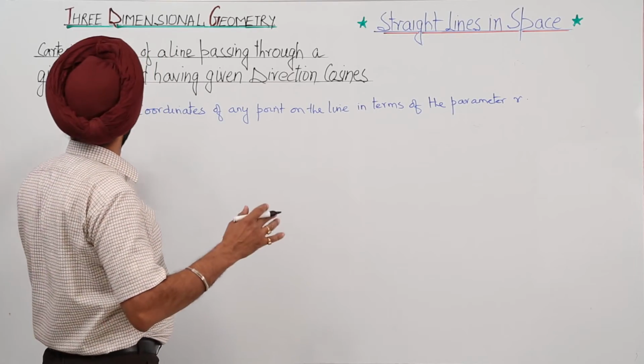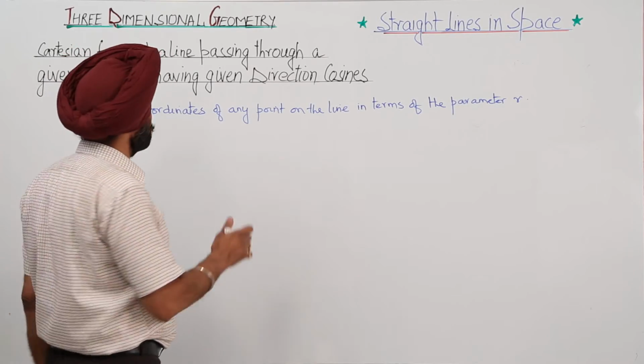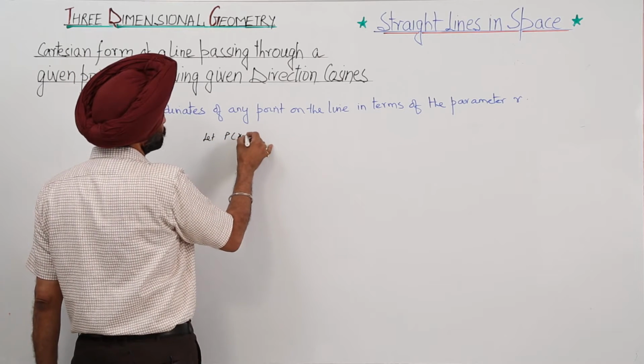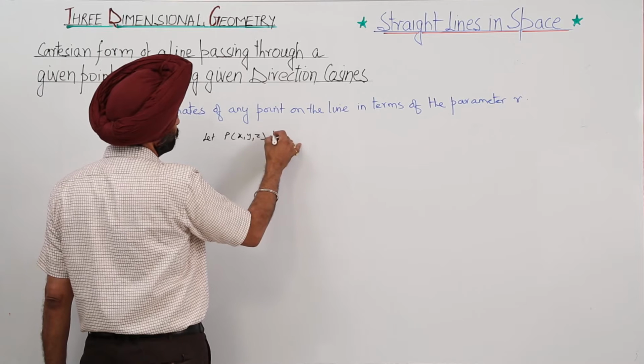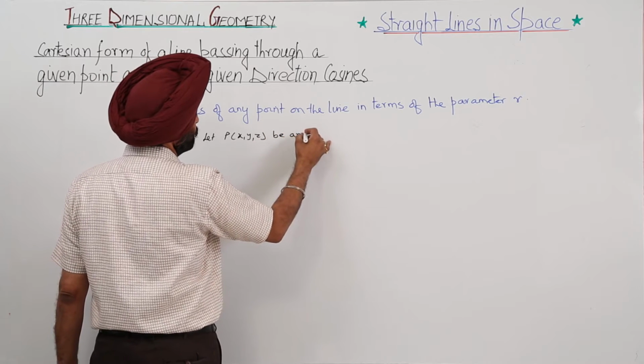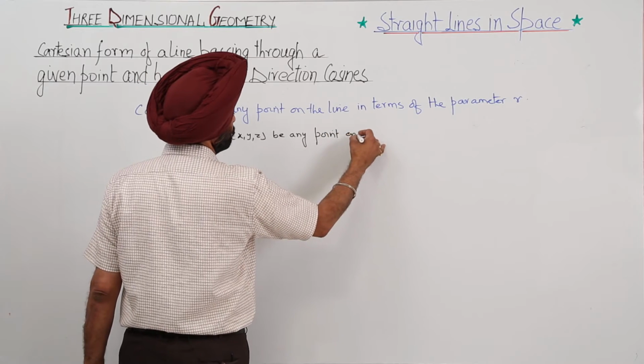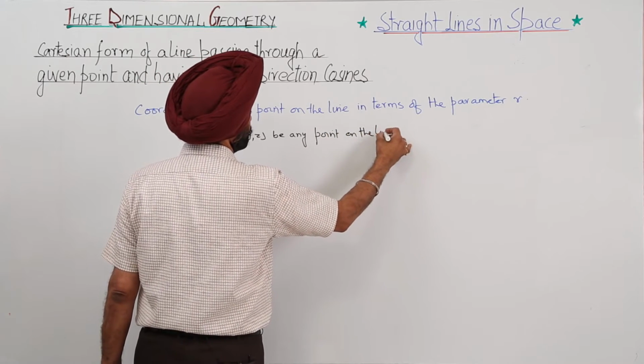Now we have already gone through the Cartesian form of the equation. Now let P(x, y, z) be any point on the line.